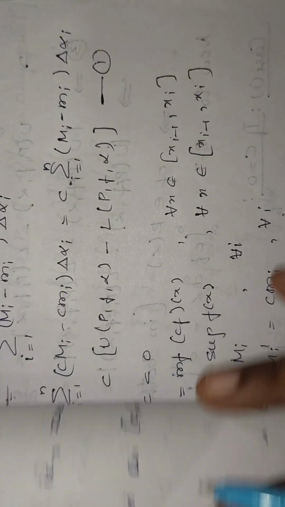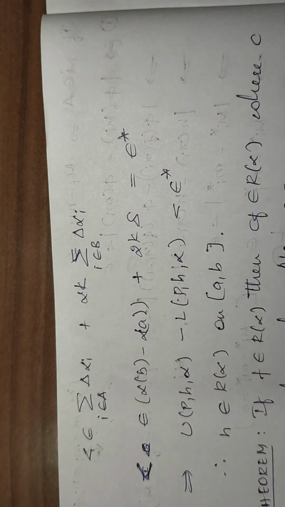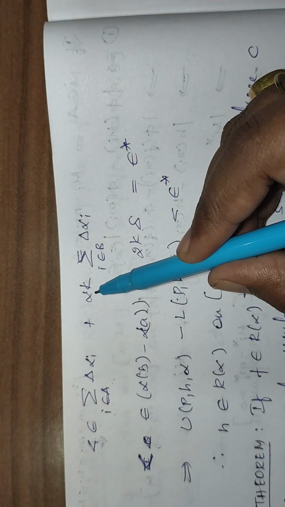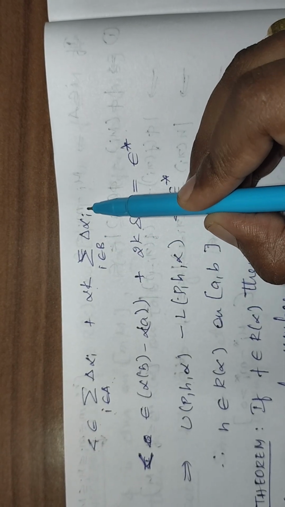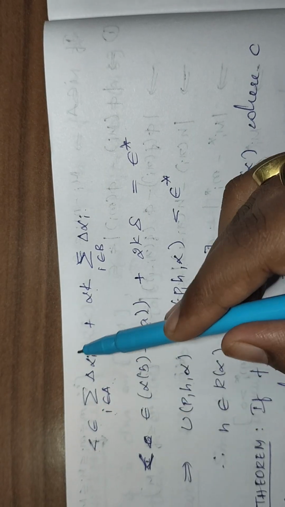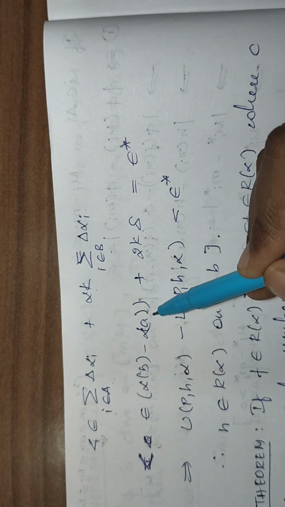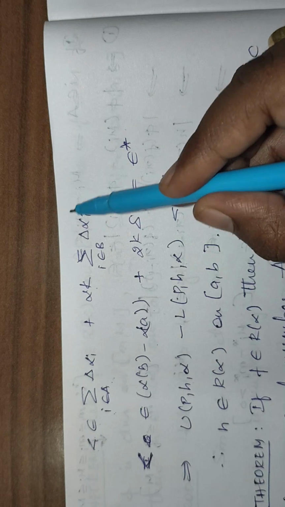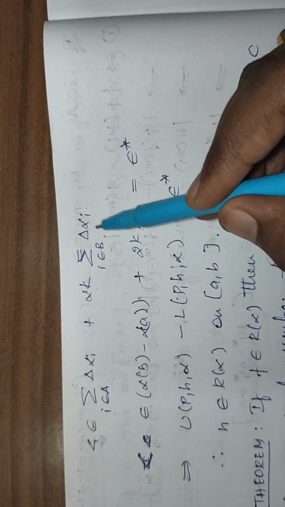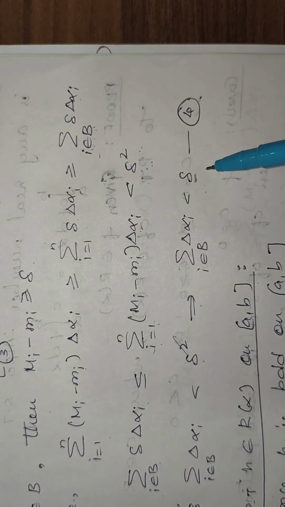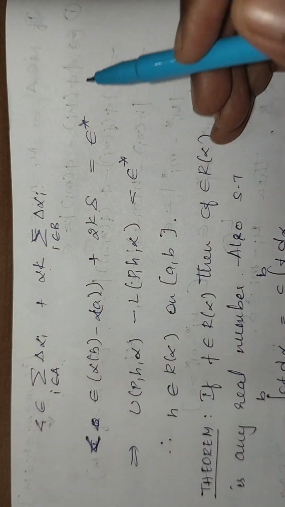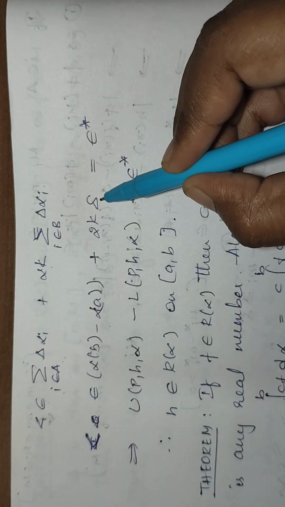And next plus, see here I have used equation 5. That will be less than or equal to 2k summation i belonging to B of delta alpha i. And here in this case, I have written this as alpha b minus alpha a. And in this case, where i belongs to B, I have used equation 4. So using equation 4, this is less than delta.